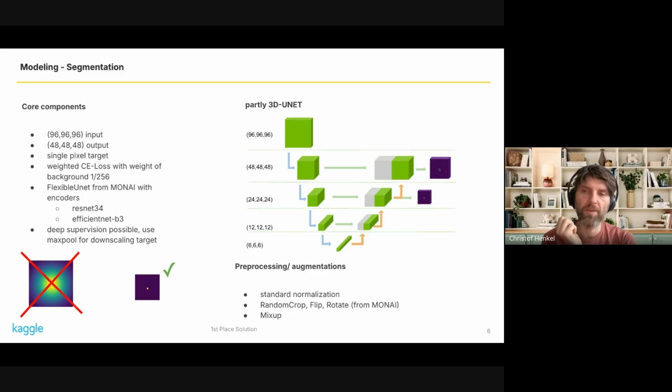I was experimenting with deep supervision and evaluating the quality of each feature map as a prediction individually, just to see if I can somehow ensemble the different feature maps, building like a combination of them.